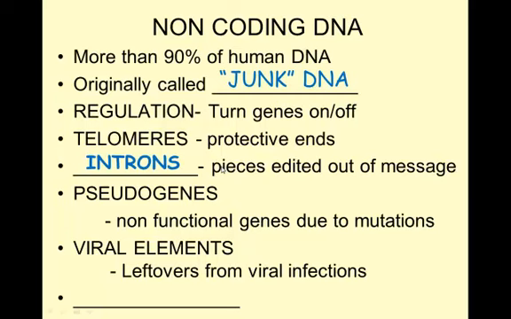The other pieces are the introns. We're going to talk about editing introns and removing them from DNA in a minute. There are pieces in the DNA code that don't actually end up in the final message. We have pseudogenes. Pseudo means false.